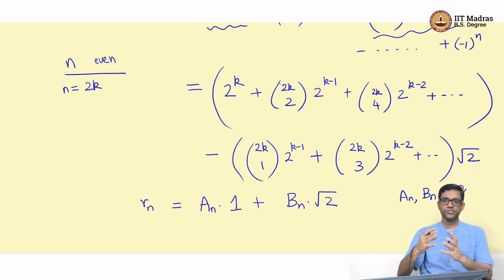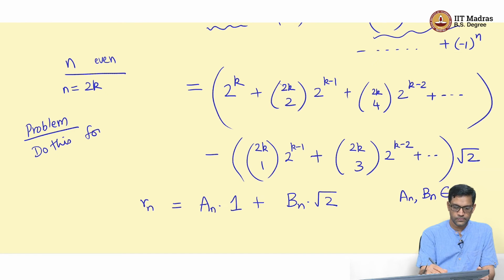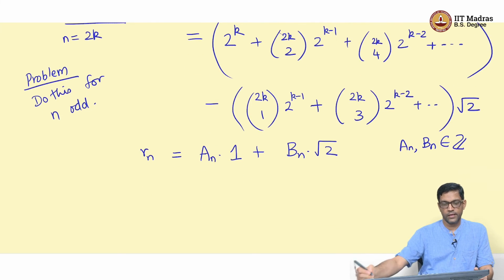There is one an integer part, another is some integer multiple of root 2 part. Now, I have done it for the even case, so you should try doing it also for the odd case. So, here is an exercise problem for you guys, do this for n odd, and again convince yourselves that what you will get again will be of the same form, some multiple of 1 and some multiple of root 2.